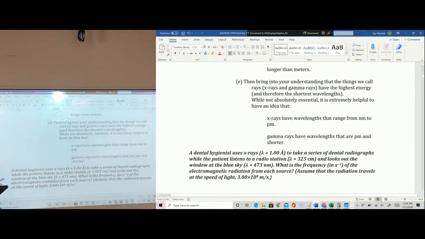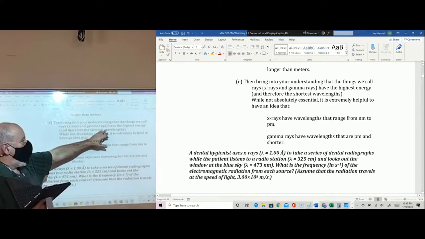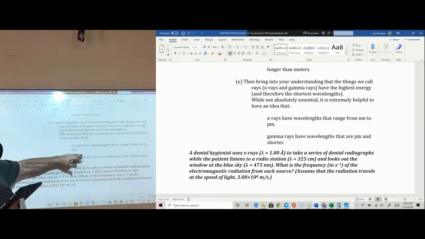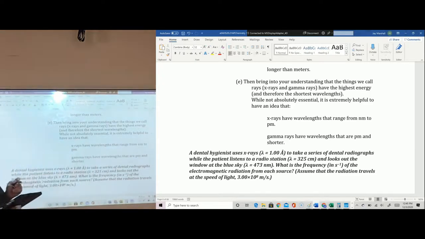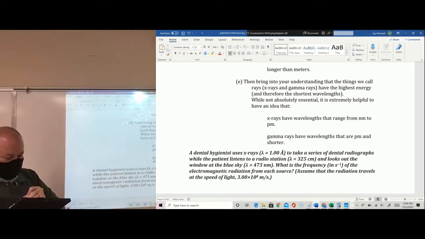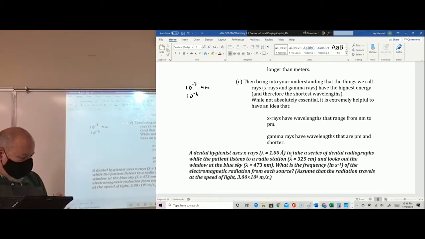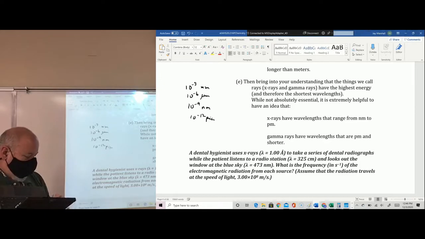And then gamma rays have the highest energy and shortest wavelengths. It is helpful to have an understanding that X-rays have wavelengths from nanometers to picometers. And remember we said 10 to the negative third is millimeters, 10 to the negative sixth is micrometers, 10 to the negative ninth is nanometers, 10 to the negative 12th is picometers, or pm.